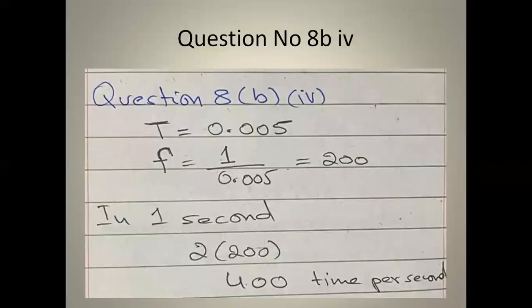So let me show you how this is done. Because I know the time period, that's 0.005 seconds, I can find out the frequency. The formula for the frequency is 1 divided by the time period. So 1 divided by 0.005 will be 200 hertz. So in 1 second, there will be 200 complete vibrations of the cone. In one vibration, the direction of the motion is changed 2 times.